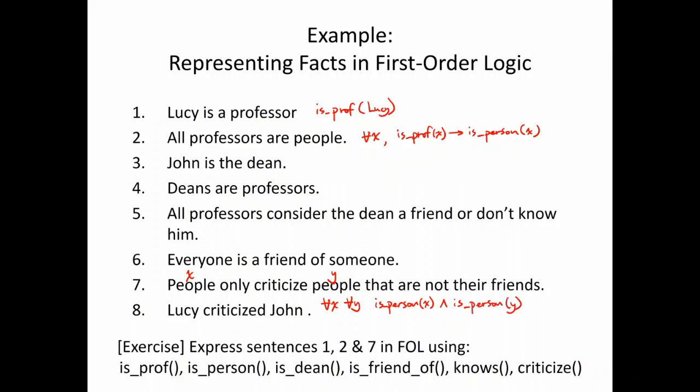Okay, so they're both people. And then if x criticizes y, then they're not friends. And criticize xy. This implies that y is not a friend of x.